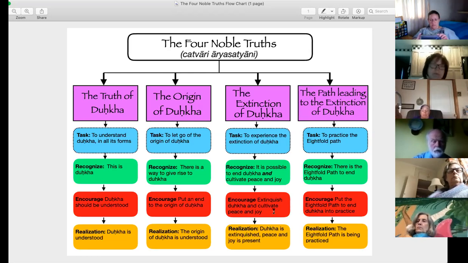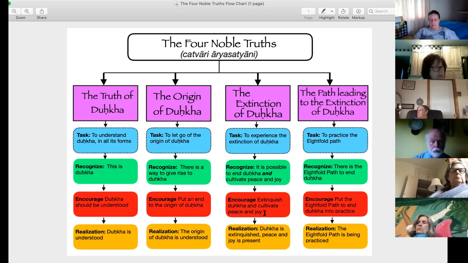Sometimes peace and joy is a result of extinguishing dukkha, but sometimes dukkha and peace and joy don't affect each other. And so this is an important part of understanding, because we oftentimes think that peace and joy and dukkha are mutually exclusive.